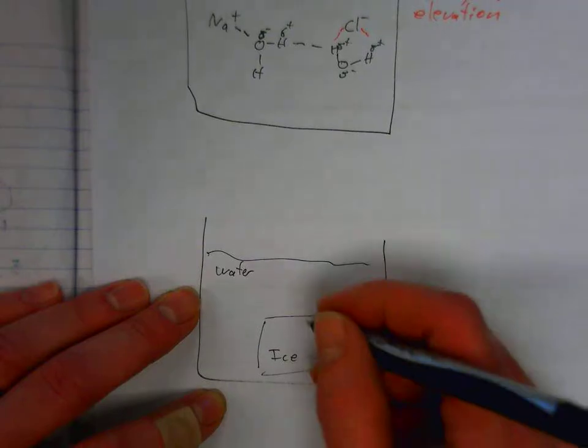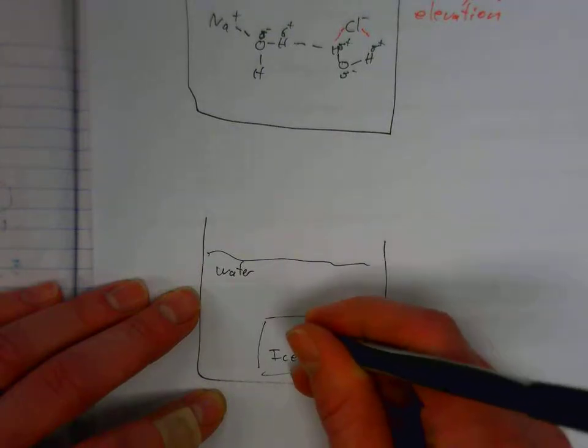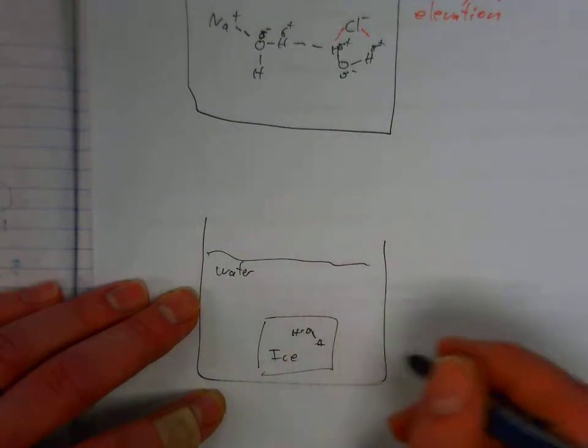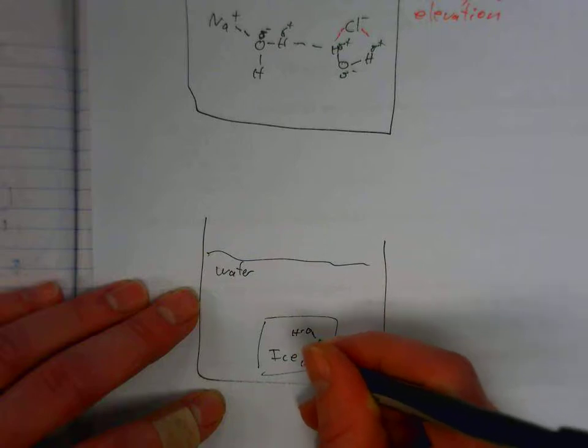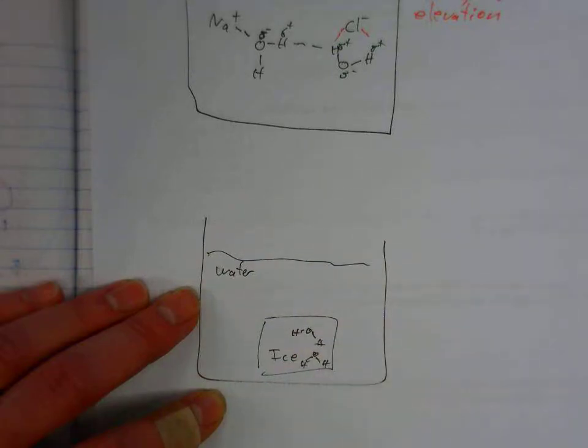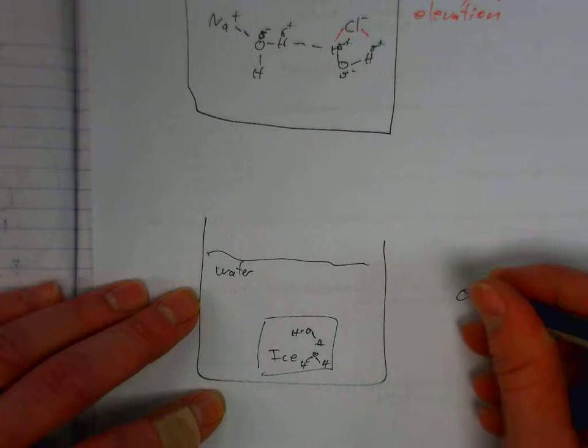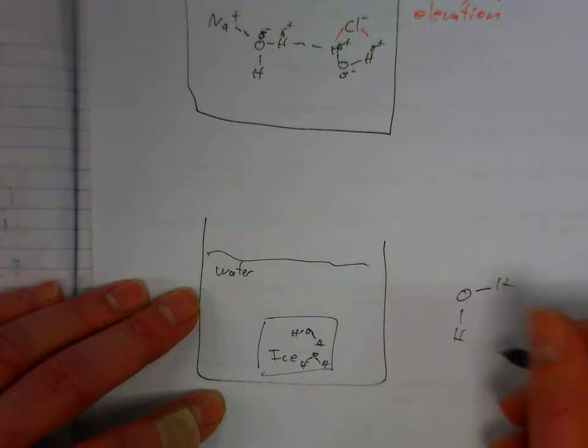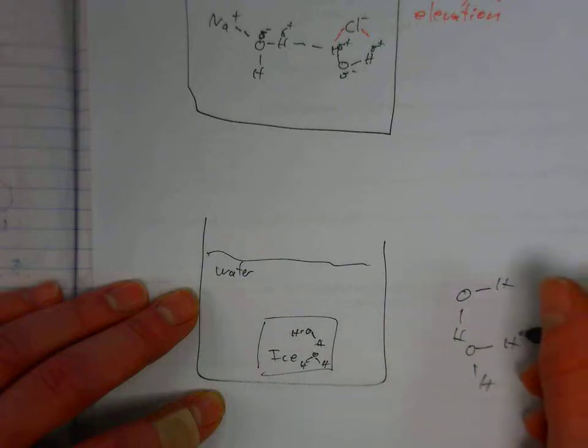It's called a crystalline structure. So we have this sort of honeycomb structure that forms with water.